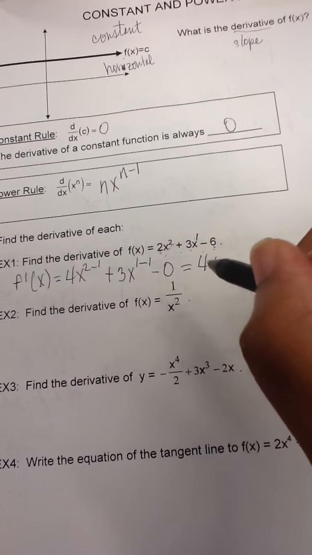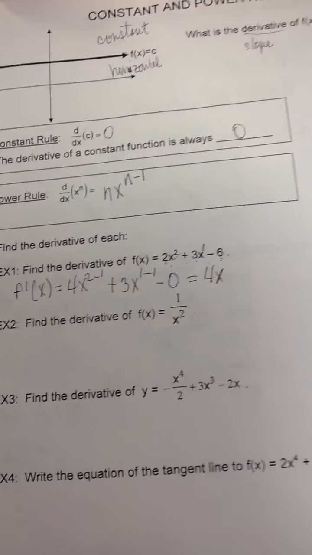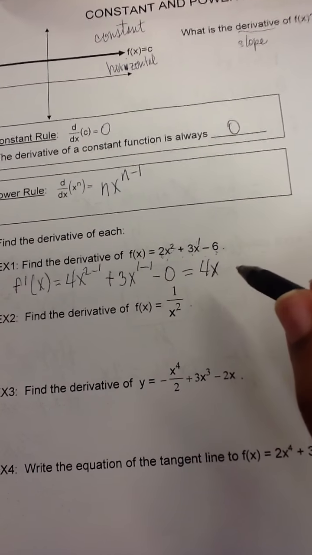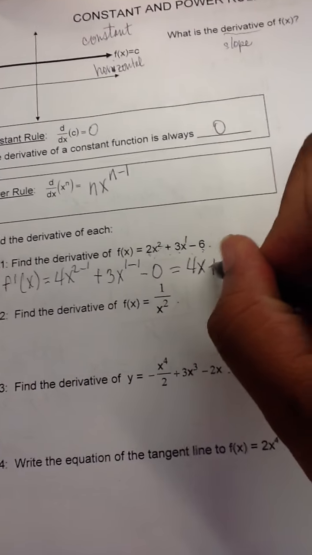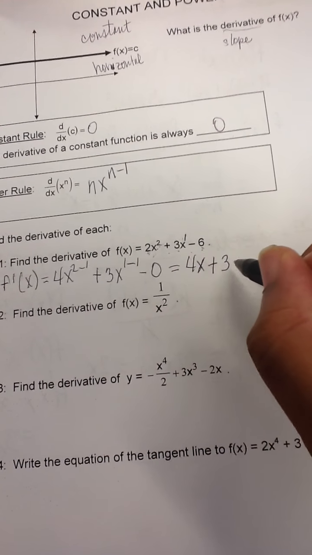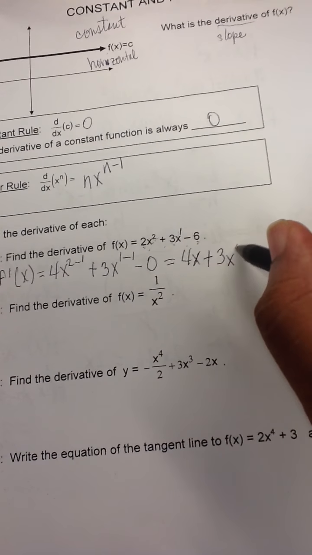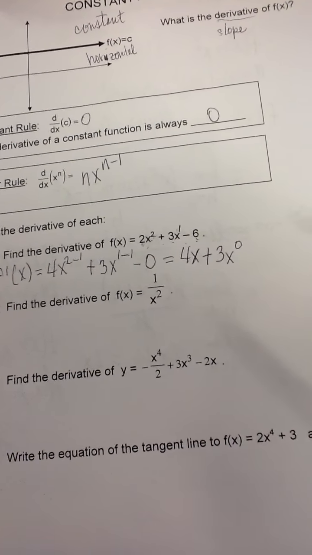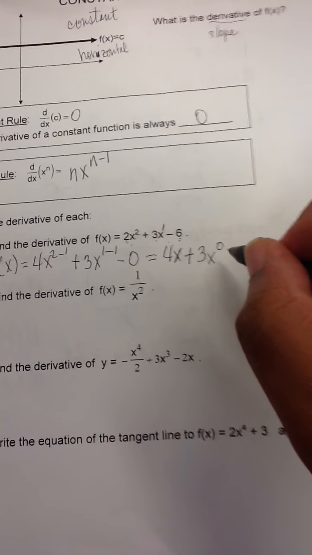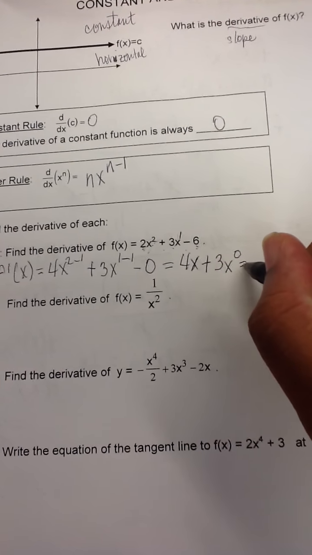So now if I go to simplify, this is going to be 4x. 2 minus 1 is just 1 for my exponent. So if I don't write it, it's understood to be there, right? So then plus 3. Now this is x to the 1 minus 1, which is 0. But what's anything raised to the 0 power? Well, the rule states that whenever I raise something to the 0 power, it's equal to 1.